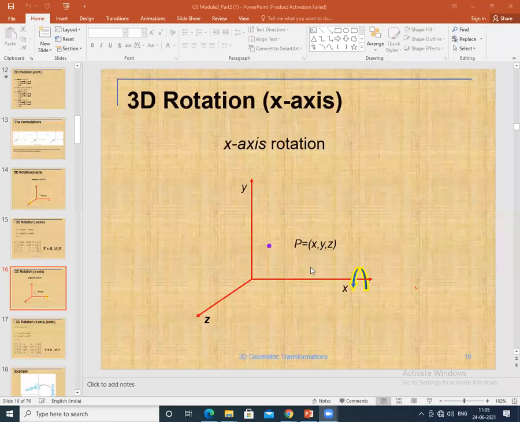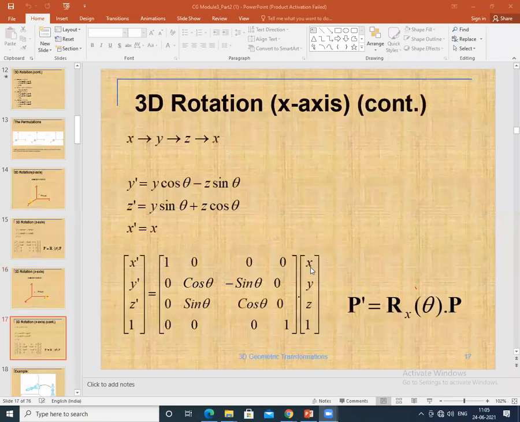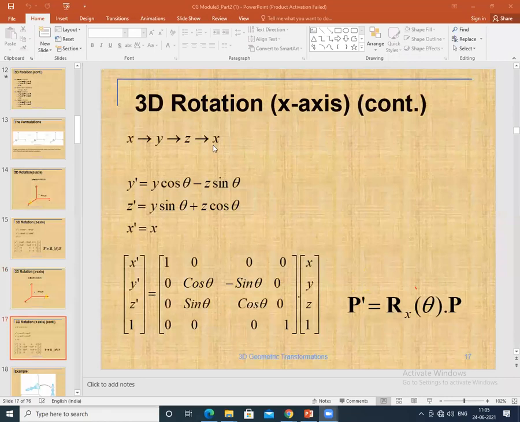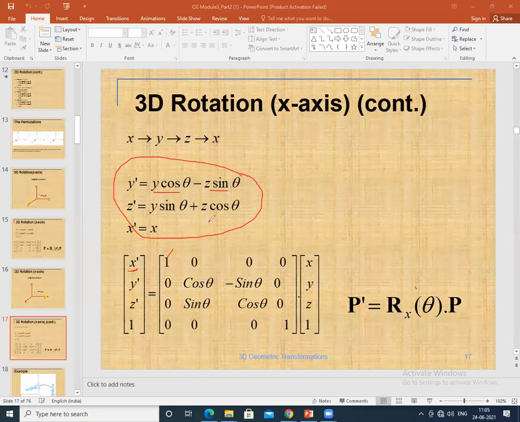For a point P equals x, y, z, you follow y, z, and x. So y bar will be y cos theta minus z sin theta. Z bar will be y sin theta plus z cos theta. X bar equals x. Representing this as an equation, with respect to x bar it is 1. With respect to y bar it is y cos theta, minus z sin theta, so it relates y to cos theta and z to minus sin theta.